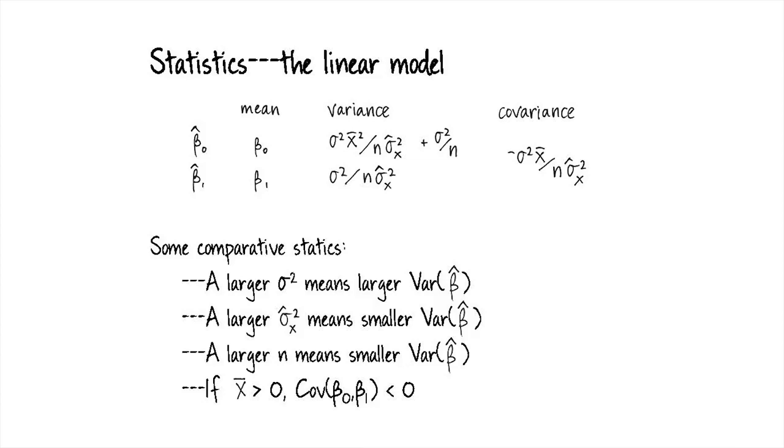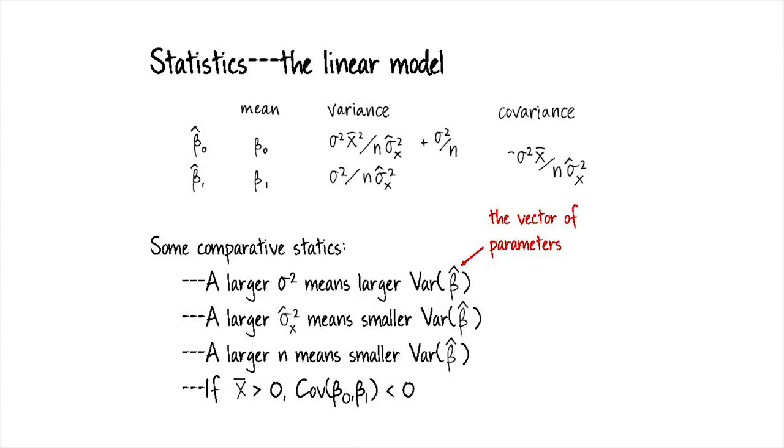And then furthermore, if the mean of x is positive, then we're going to have a negative covariance, a negative relationship between beta naught hat and beta 1 hat. And I didn't write it down here, but if x bar is negative, then that flips, okay? So let me show you pictures of these, and that'll make the comparative statics a little clearer, I think.